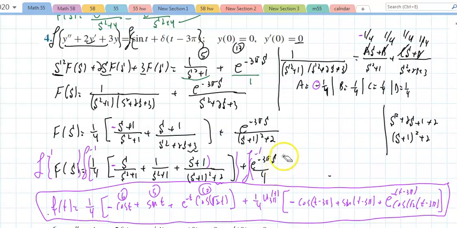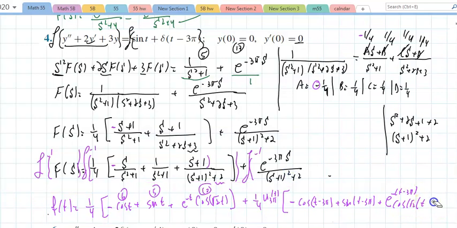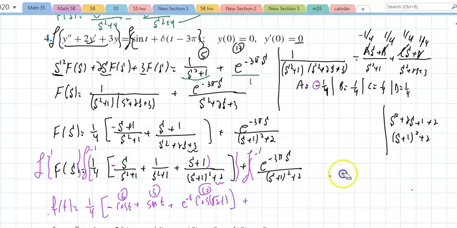Okay, that's okay. No need to do that. This is simple enough. E to the negative 3 pi s over s plus 1 squared plus 2. So this piece actually is a lot smaller, a lot.